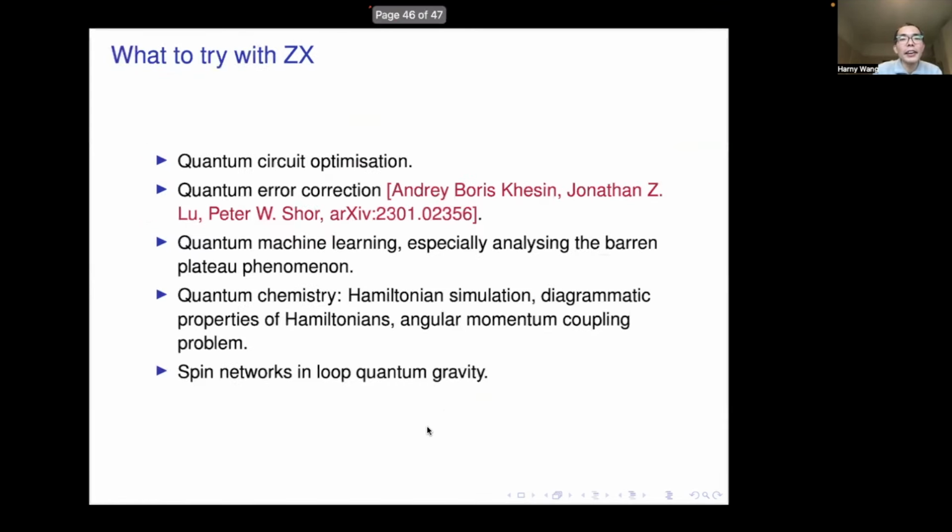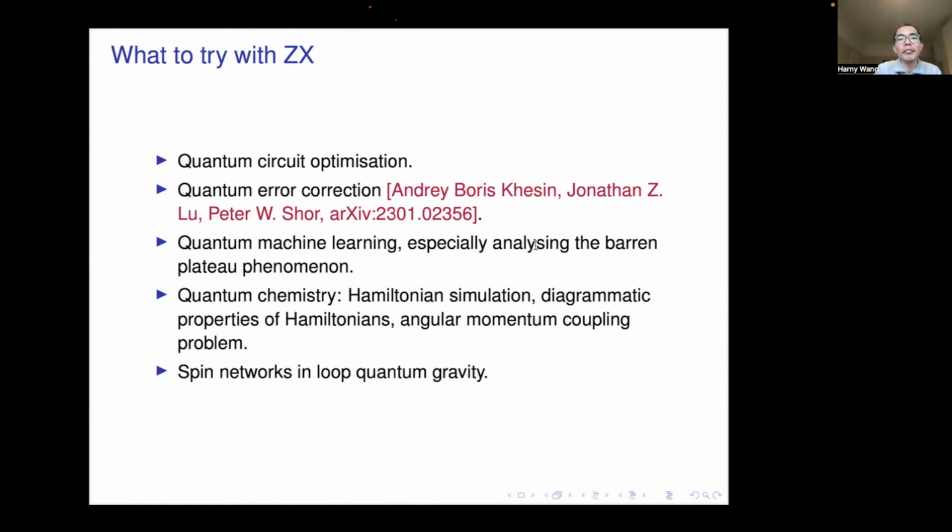So at the end, if you want to try to use ZX, here is what kind of things you can do. As I mentioned, quantum circuit optimization and also quantum error correction, like Peter showed, they also have a paper using ZX to do this kind of quantum error correction, and also quantum machine learning.